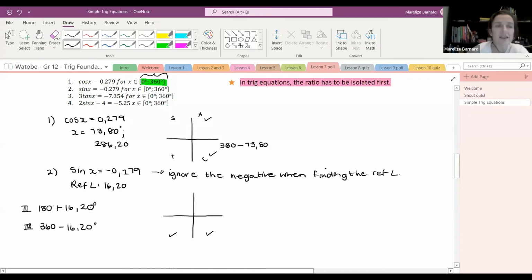So the negative comes in when we do our quadrants and to help us find our final solution. That gives me 180 plus 16.2 is 196.2, and 360 minus 16.2 gives me 343.8.